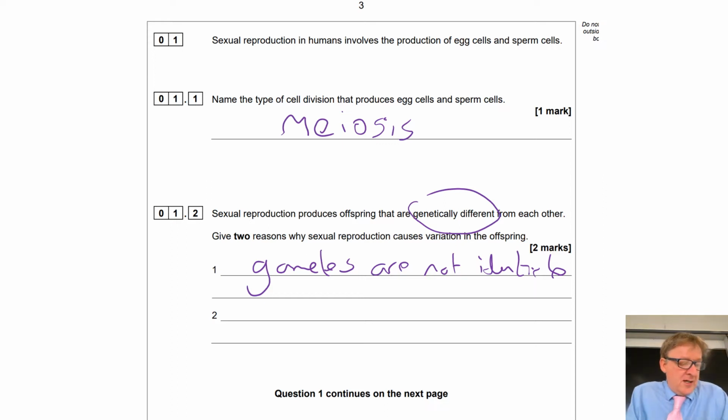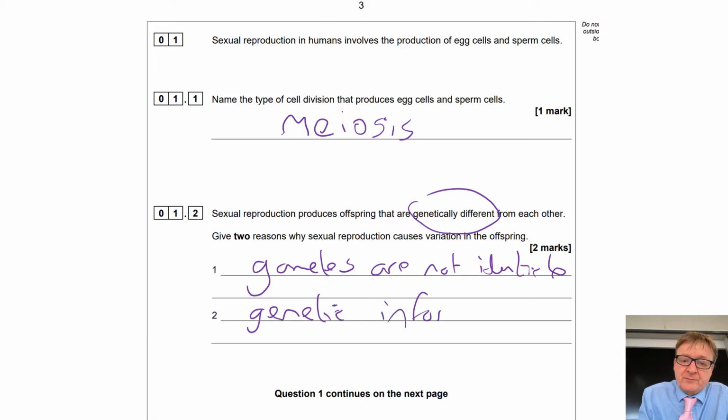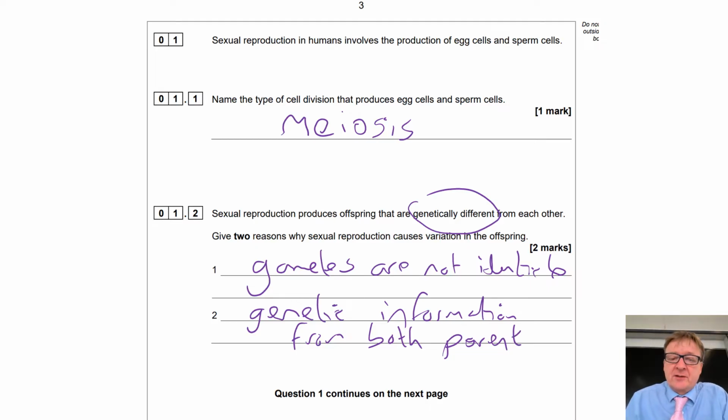And you're getting genetic information from both parents, your egg and your sperm, joining together, so you're getting genes from mum and genes from dad.